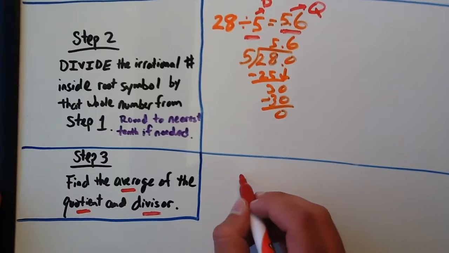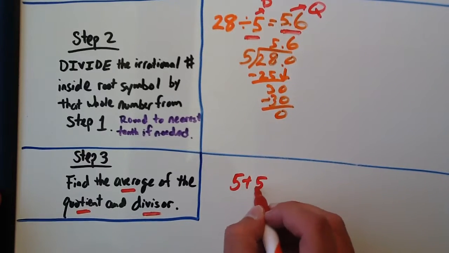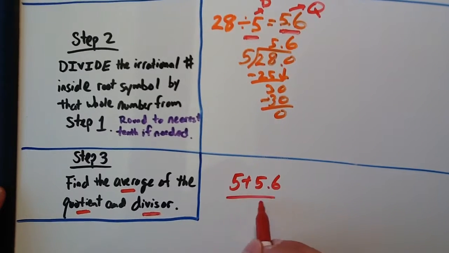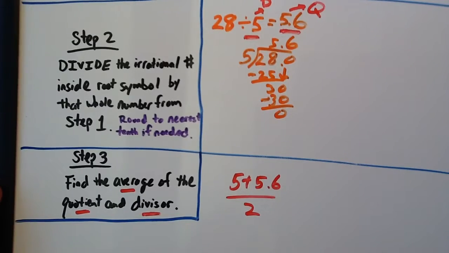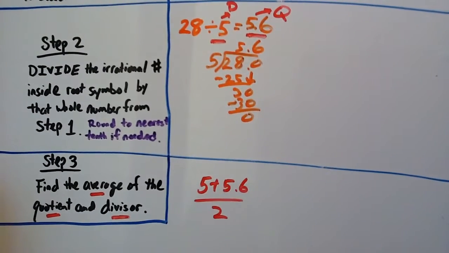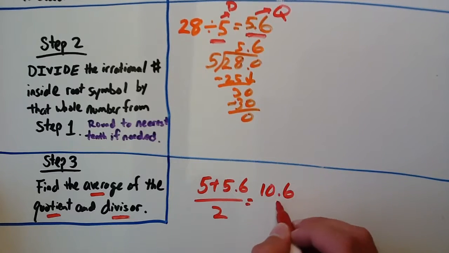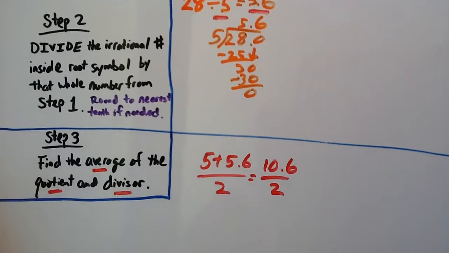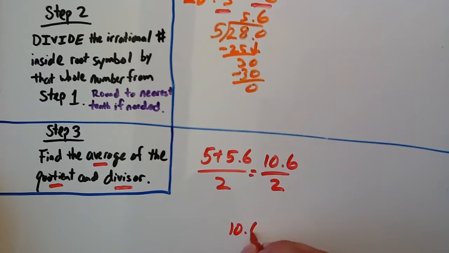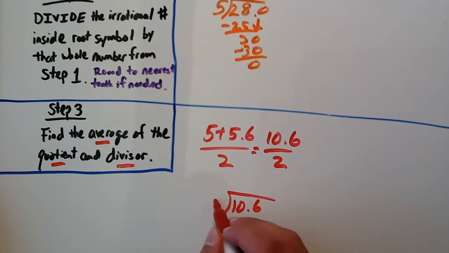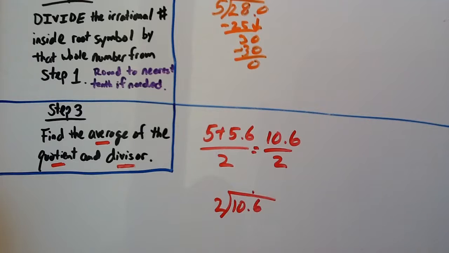So I'm going to add those numbers up, 5 plus 5.6. I'm going to add them up and divide by 2, and that would give me the average of those numbers. So if I add the numerator, 5 plus 5.6 is 10.6, and I need to divide by 2. So 10.6 divided by 2, decimal goes straight up into the quotient. 2 goes into 10 5 times. 5 times 2 is 10.